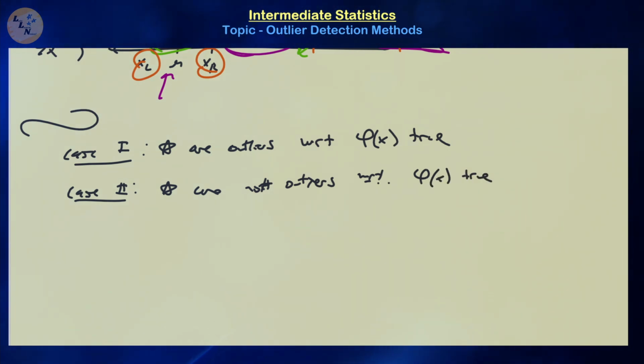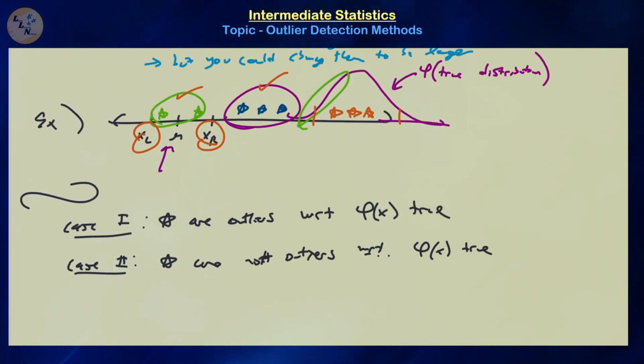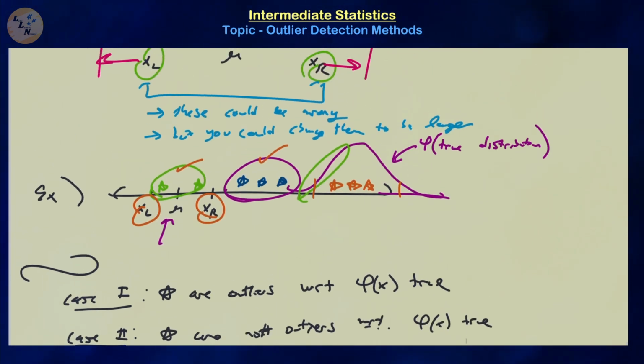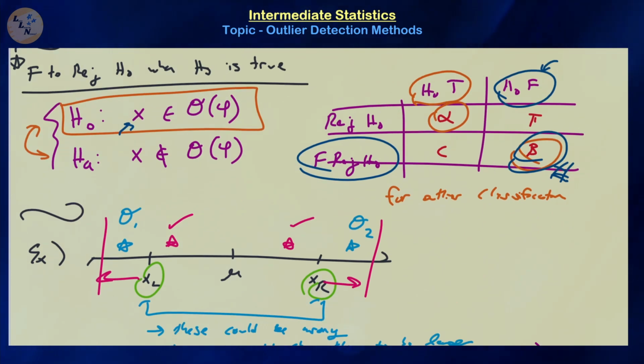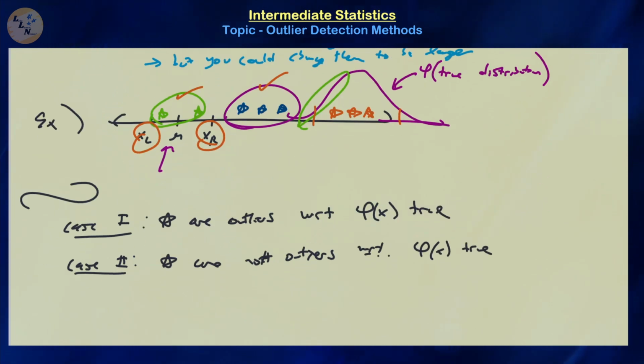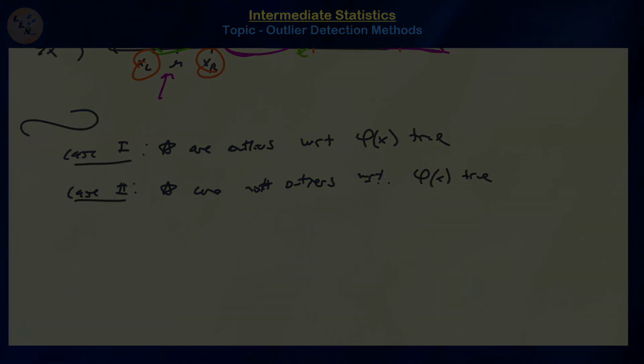So either they are outliers or they are not, and those things are typically independent from our detection intervals. So definitely keep aware of all of these things, because we have two different hypothesis tests going on here. One, the test associated to the distribution, and second, the test associated to the actual classification of these outliers.